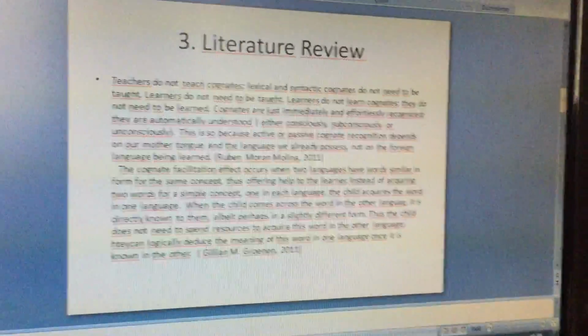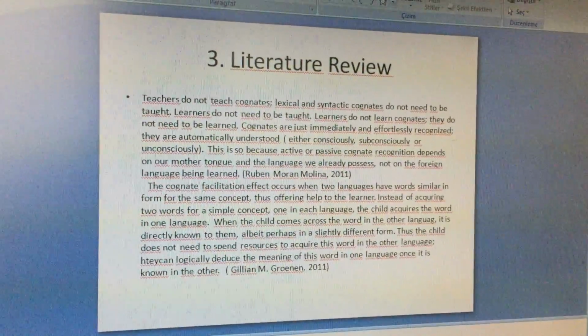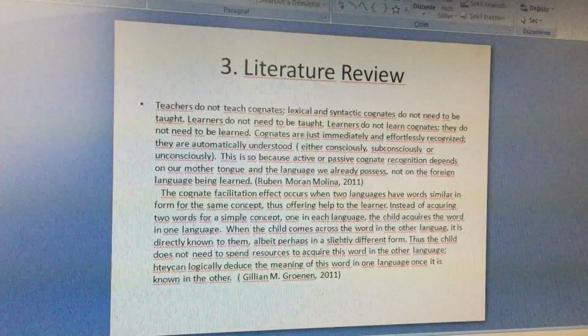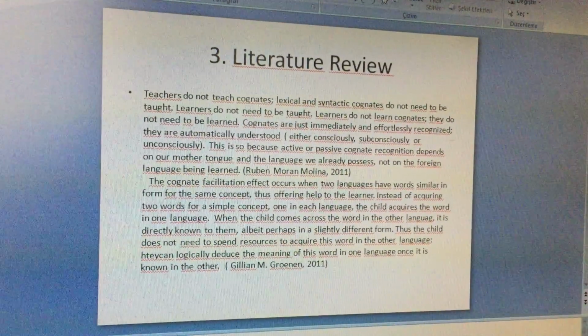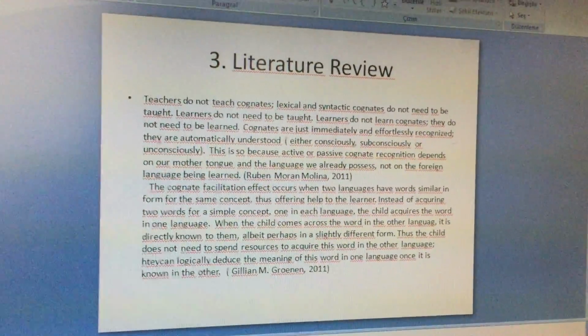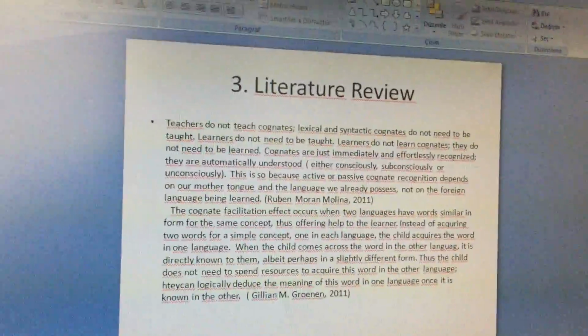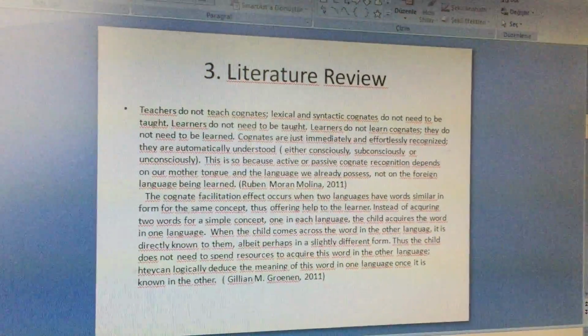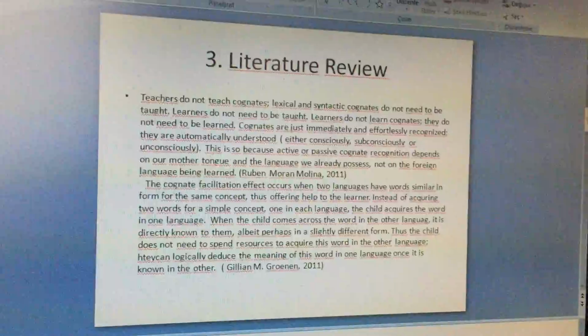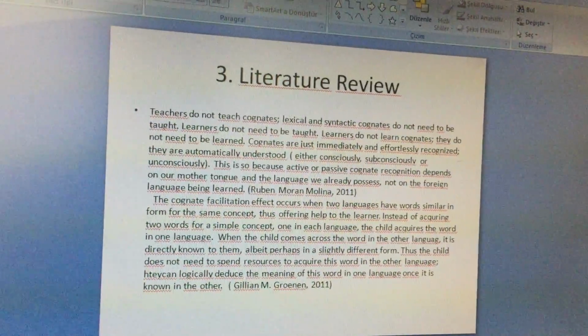Of course, this is not only my idea. Some studies have already been made about cognates. Ruben Molina says teachers do not teach cognates. Why? Because lexical and syntactic cognates do not need to be taught.